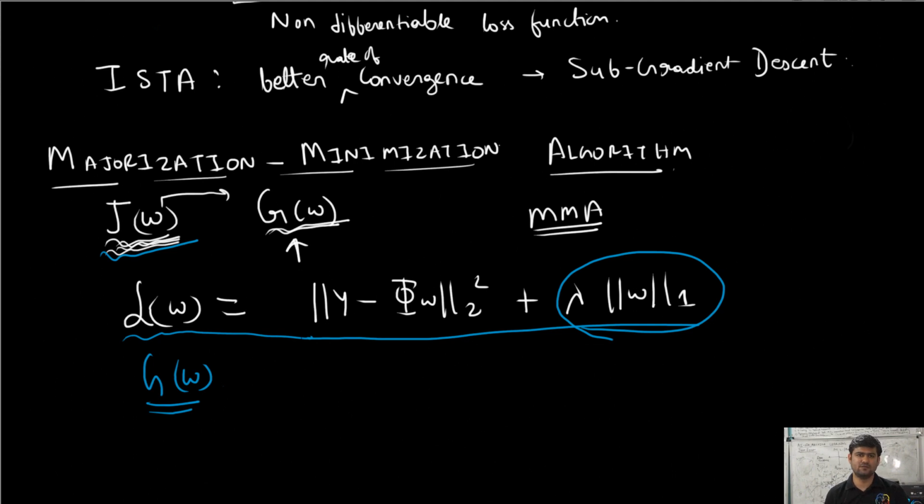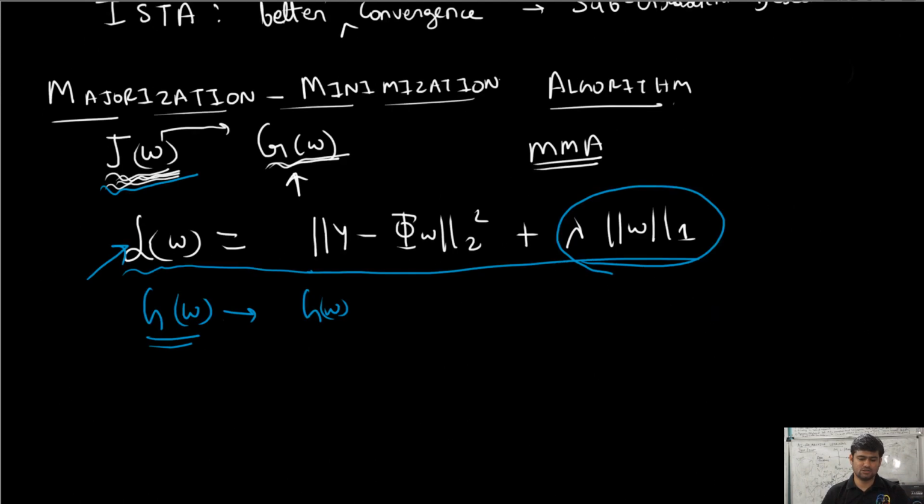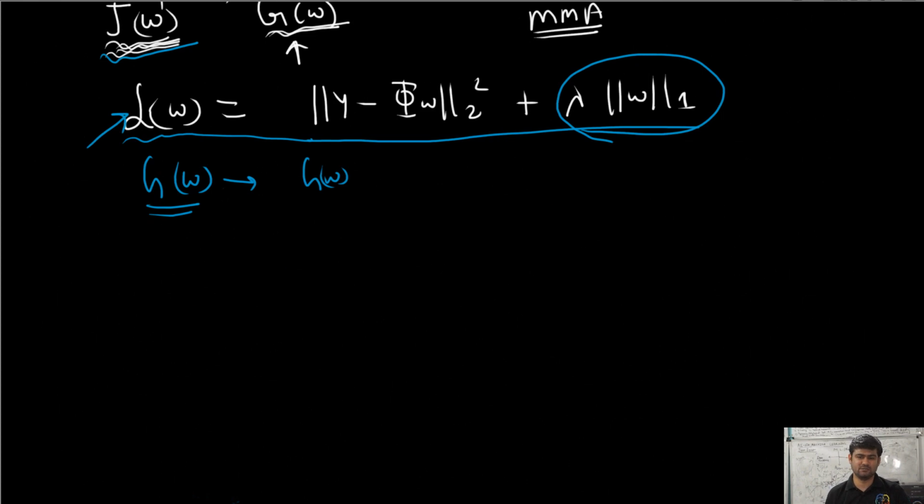If this function g satisfies those two properties, then by minimizing g of w at every iteration of the algorithm, we ensure that we minimize the original loss function L of w. So in a nutshell, what does majorization minimization do?